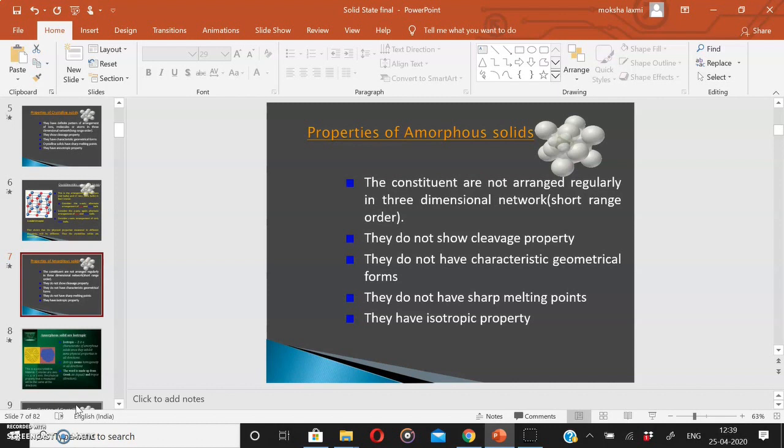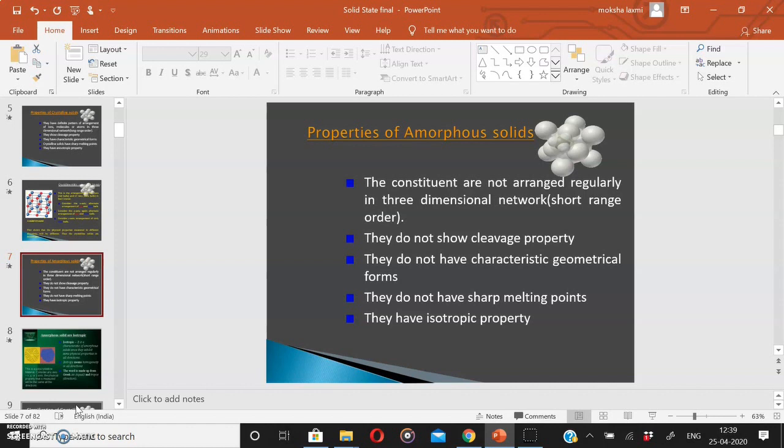It has a tendency to flow, and it flows slowly due to high viscosity. This is the reason that glass is also called a supercooled liquid or pseudo solid, that is, a false solid. So this is one of the characteristic properties of any amorphous solid, that they do not have sharp melting points.